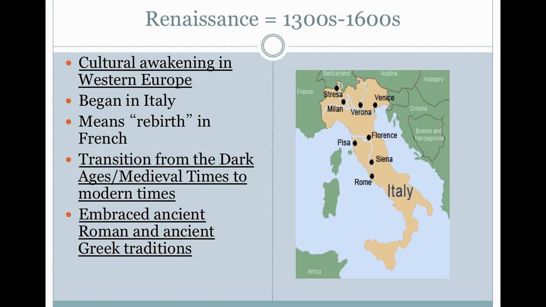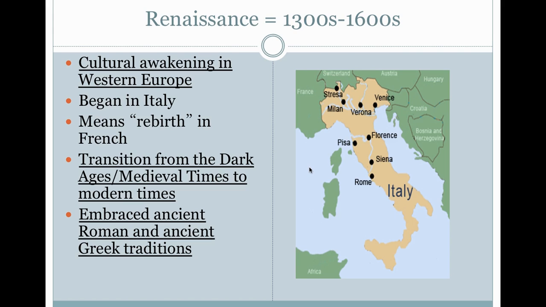All right, so we do want to go back a little bit to the Renaissance. That was in the last unit, but it also is part of this unit as well, so there's a continuum. Remember, that's this cultural awakening in Western Europe. It begins in Italy and spreads to England and France and other parts of Europe. The term Renaissance means rebirth, and it is a rebirth of Greek and Roman traditions and ideas.